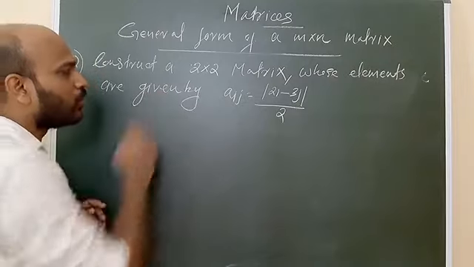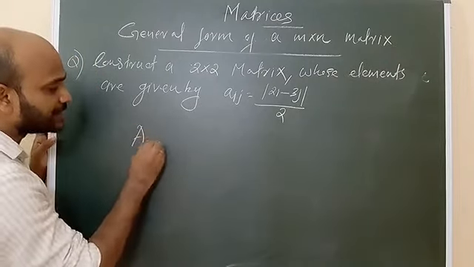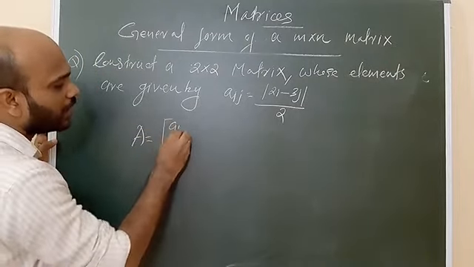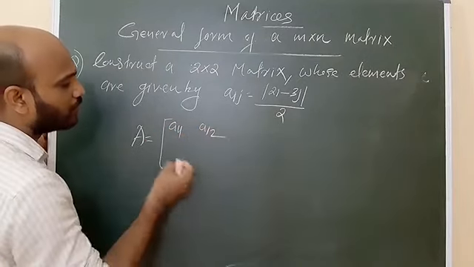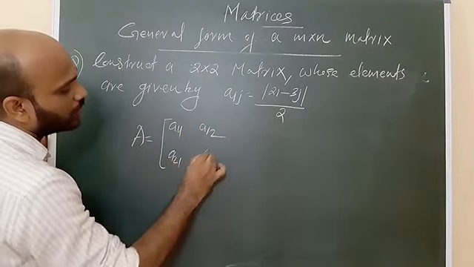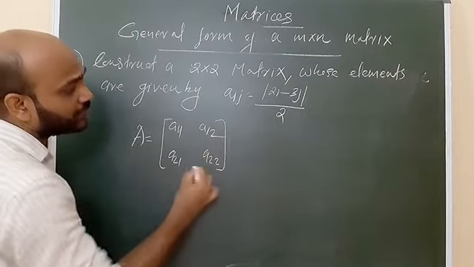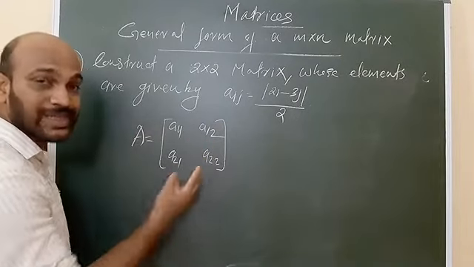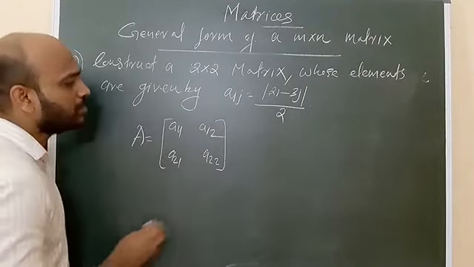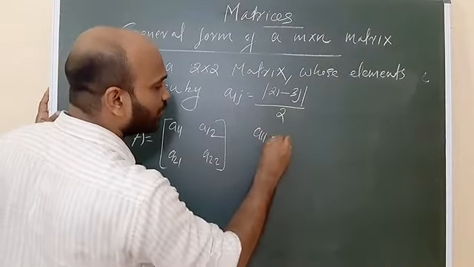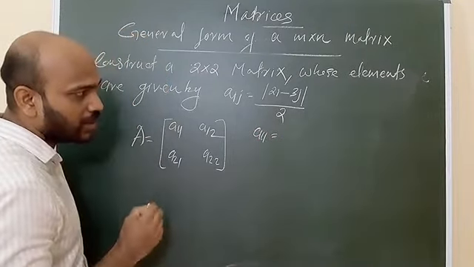You have to consider a 2 by 2 matrix. So first we will write its structure. A equal to A11, A12, A21, A22. If this question is for 1 mark, we can write answers directly also, no problem. So now we will find A11. A11 is i equal to 1, j equal to 1.